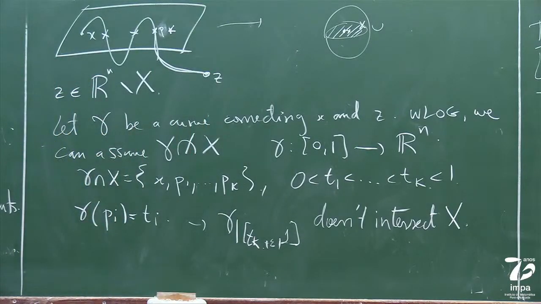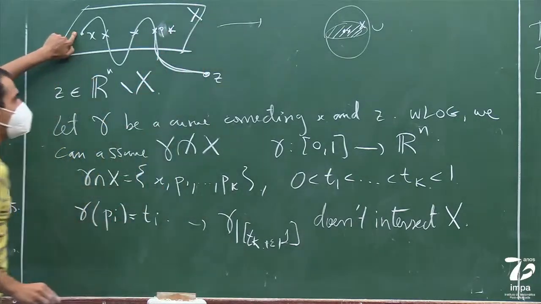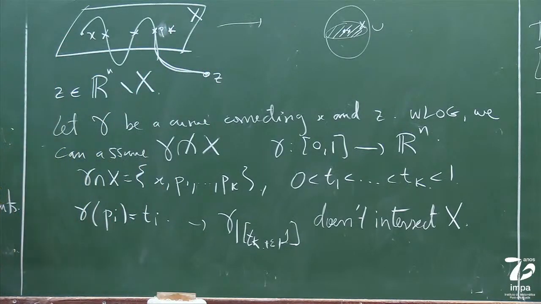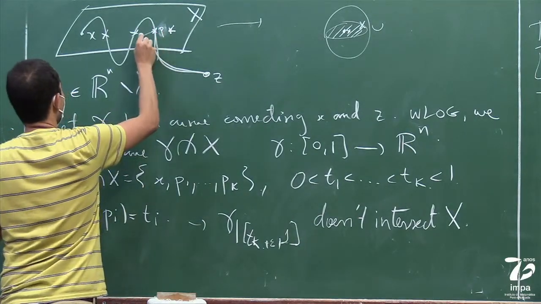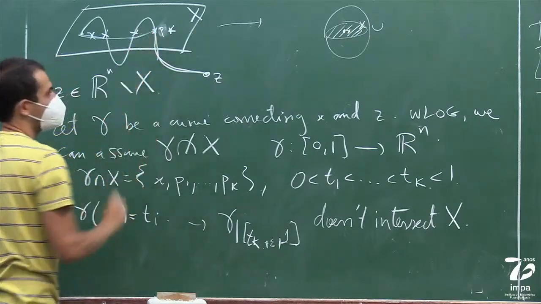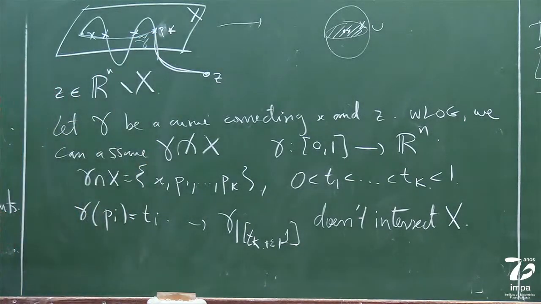Okay. So now I have to use the fact that the manifold x is connected. So since x is connected, I can find another curve that connects pk to x inside of x. Okay?